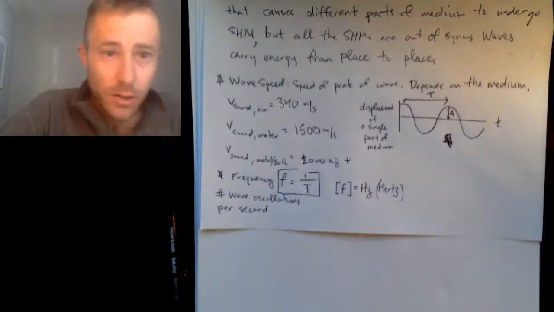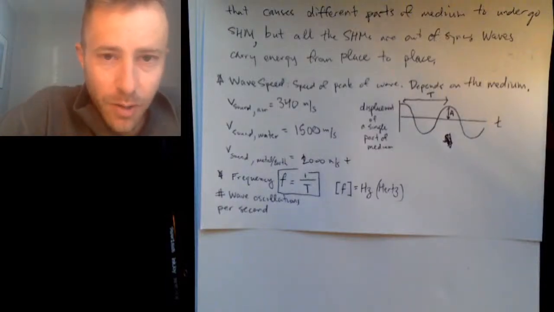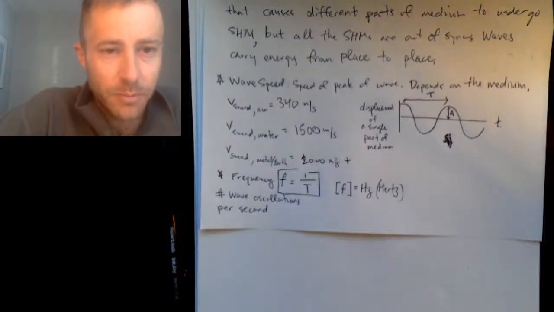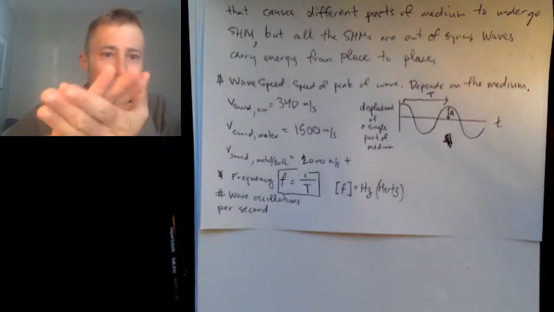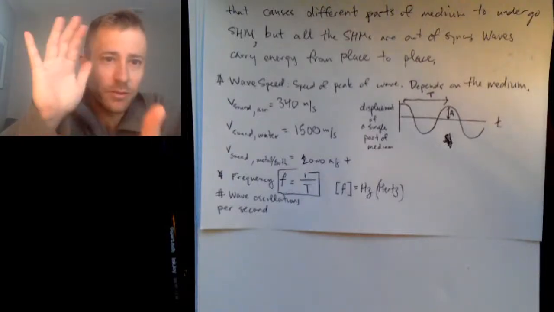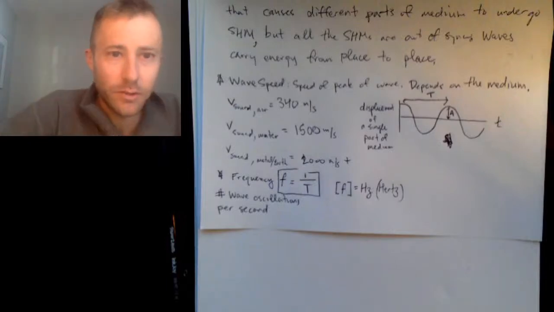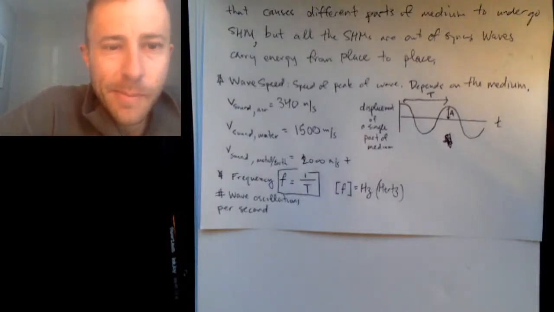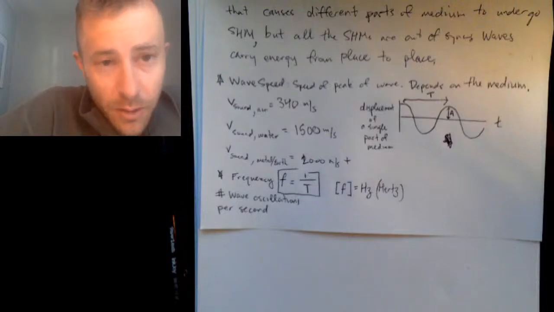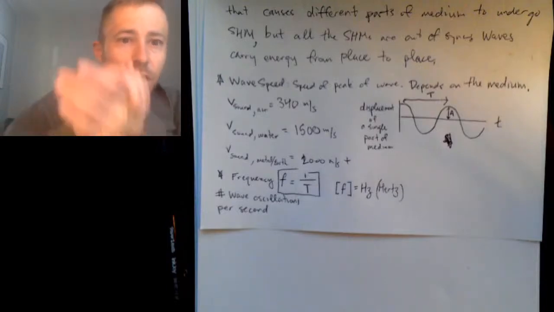So 1 hertz would correspond to 1 vibration per second. A frequency of 3 hertz would be 3 vibrations per second.